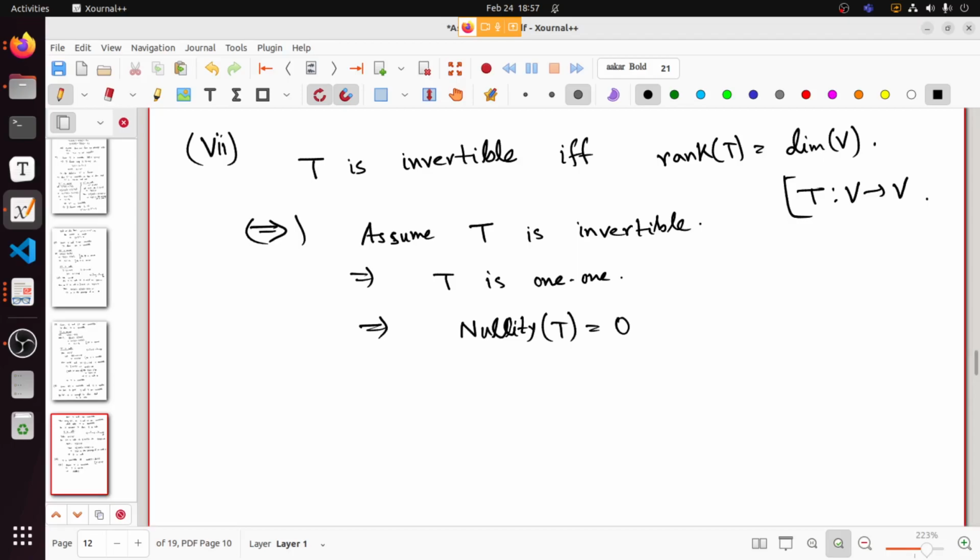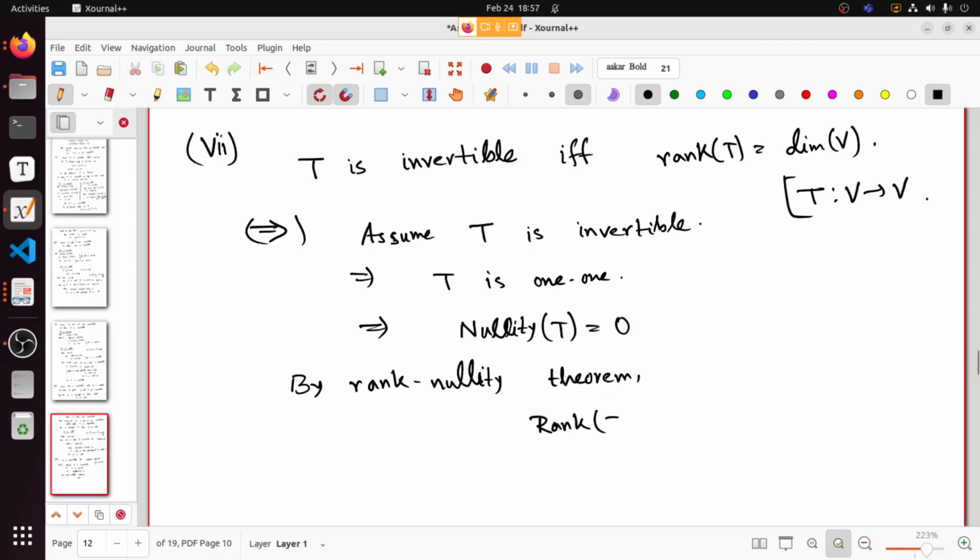But we know the rank-nullity theorem, right? What is the rank-nullity theorem?